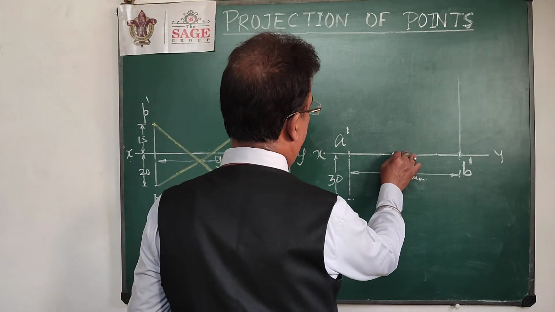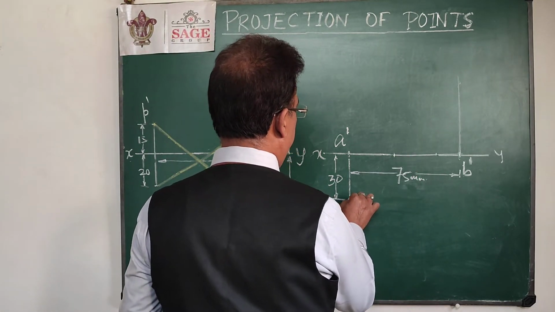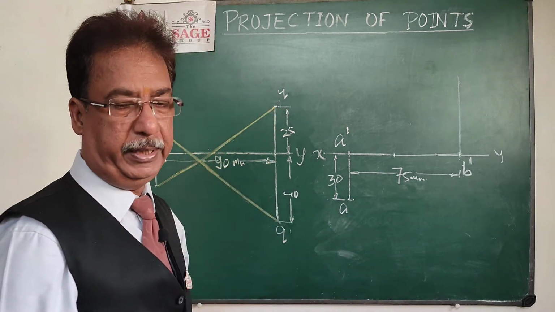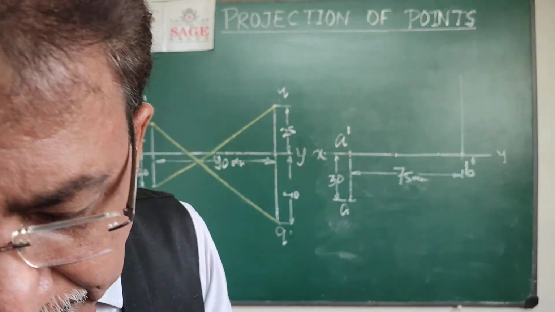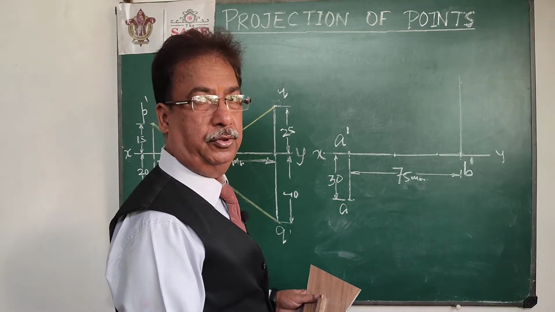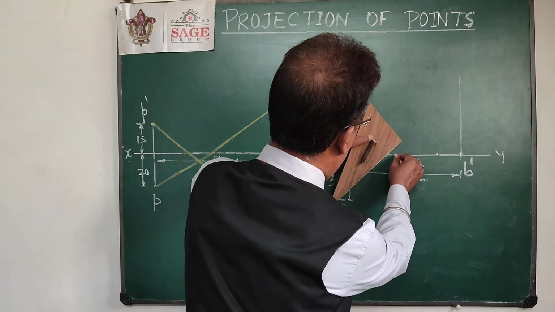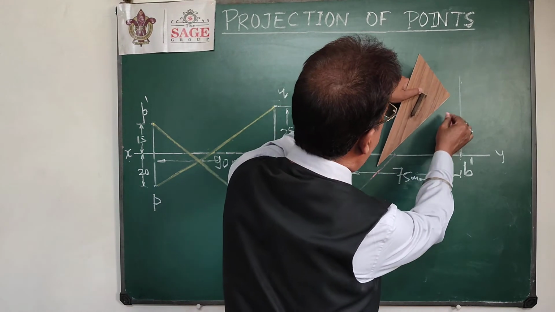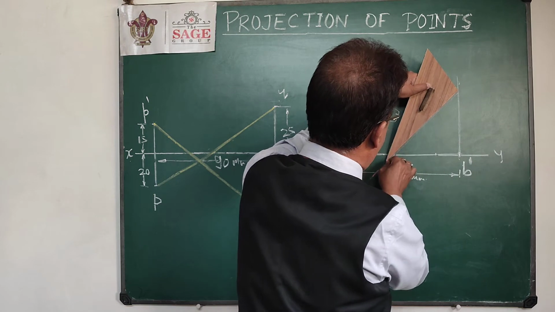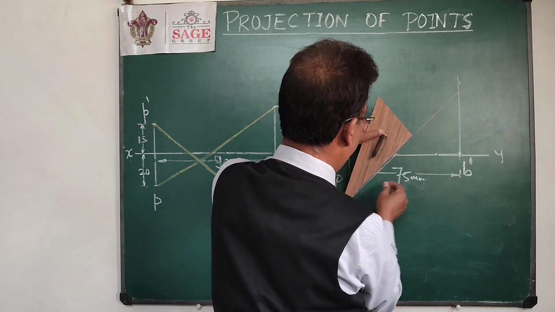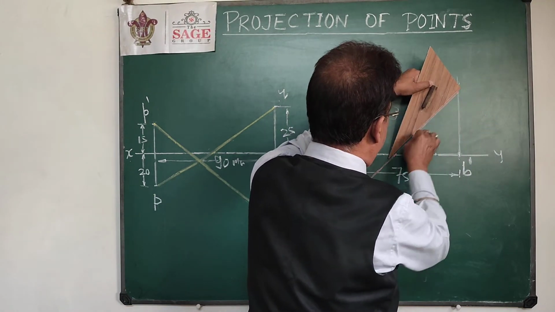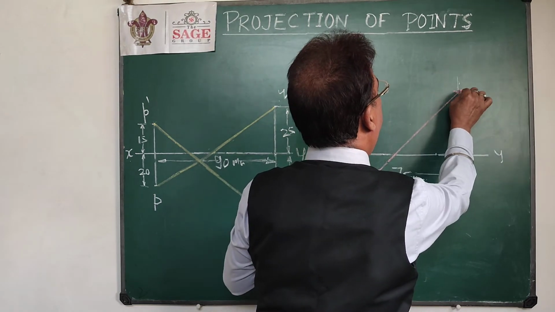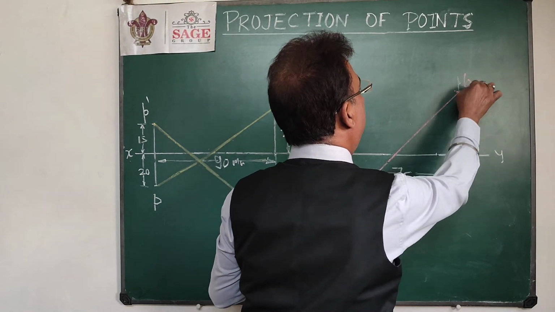Then another thing they have told us is that the line joining the top views makes an angle of 45 degrees with the XY line. So now I will draw a line from a inclined 45 degrees to the reference line, and it is going to cut the upper projector, and this point will be our point small b.